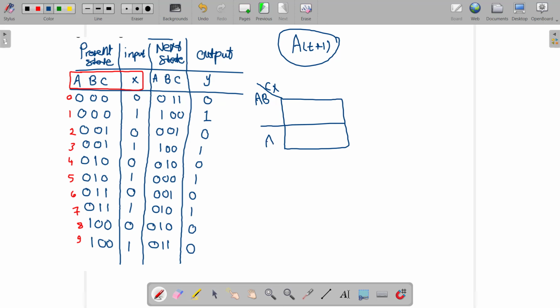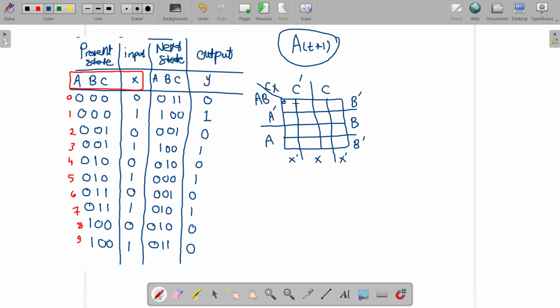Here is A prime, B prime, C prime, and here is X prime.